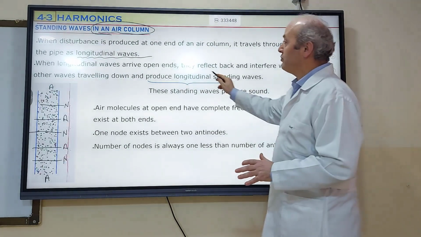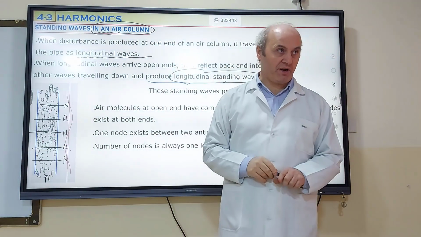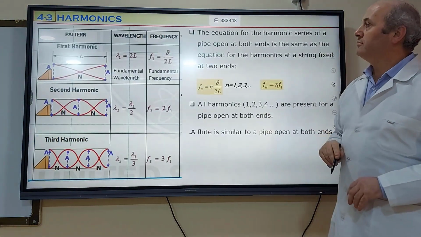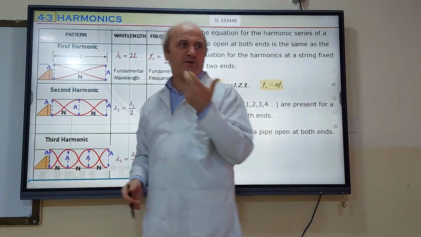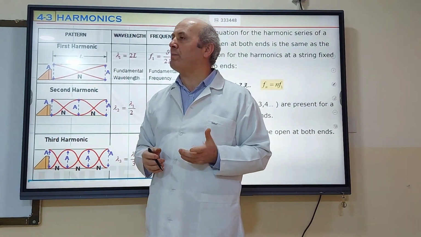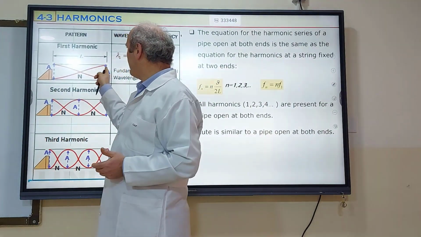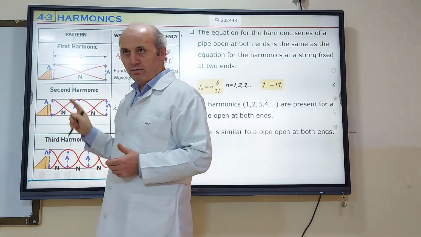Also notice these standing waves in a pipe are longitudinal standing waves. So a fluid example is given. Fluid in a pipe open at both ends. Open ends are antinodes. Another antinode. Between two antinodes, there is a node.